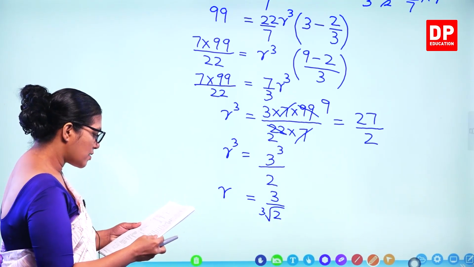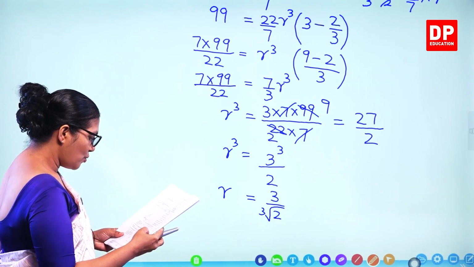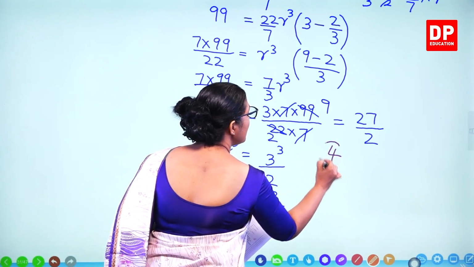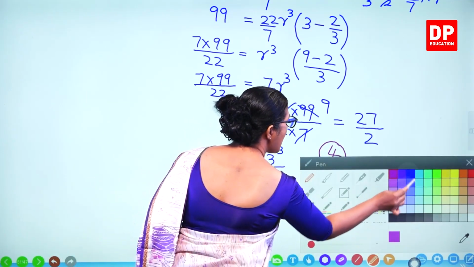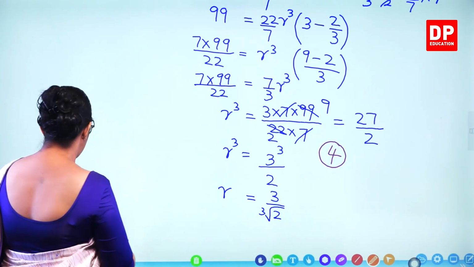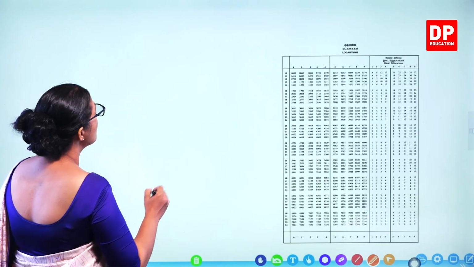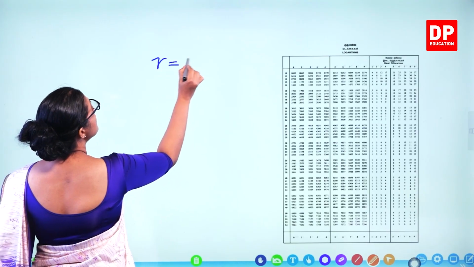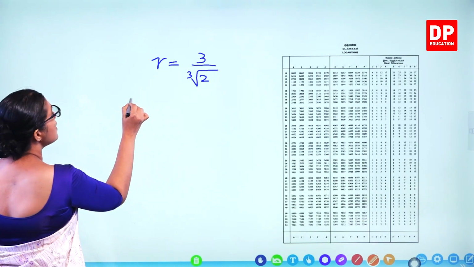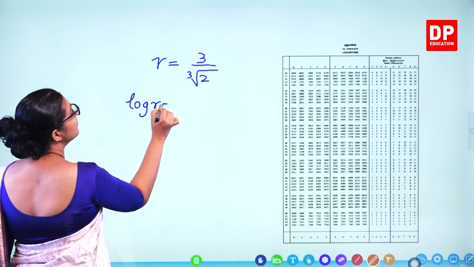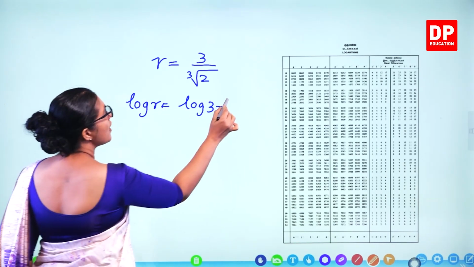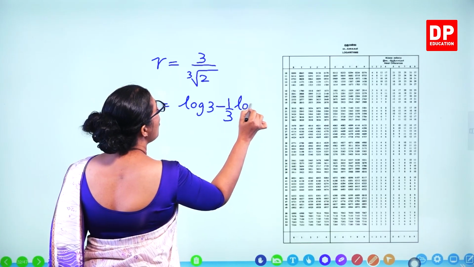So how many marks up to this point? You get 4 marks. Now let's use logarithmic tables to find the solution for r. So r equals 3 over cube root of 2. Take log on both sides. Log 3 minus 1/3 log of 2.